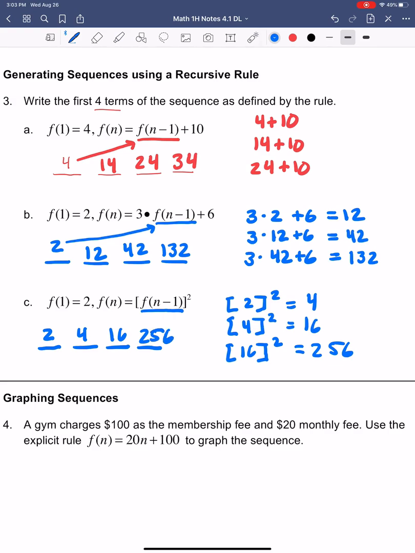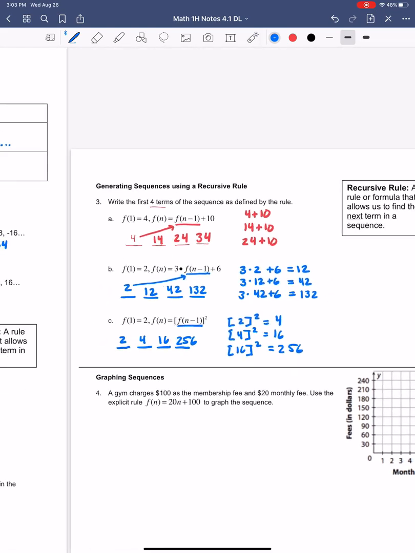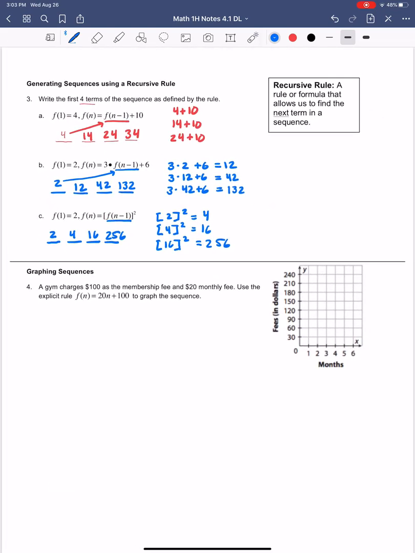Okay. Let's check out this next part here. It says a gym charges $100 as a membership fee and $20 monthly fee. Use the explicit rule f of n equals 20n plus 100 to graph the sequence. Okay, so they're starting me off with the rule here. This is the explicit rule, so I can find any number that I want. And I'm just going to plug in these numbers one by one here. So I'm going to start with 0.